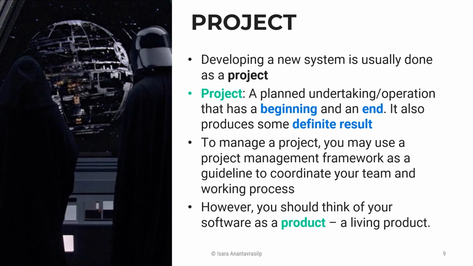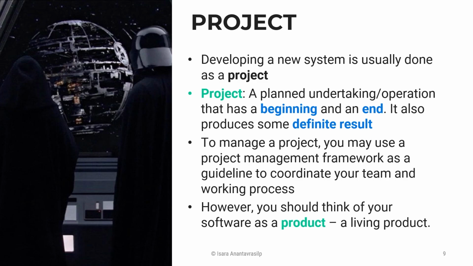What it means is that when the Emperor told Darth Vader to build the Death Star, he had a vision: construct the largest cannon ever built, that can destroy a planet.